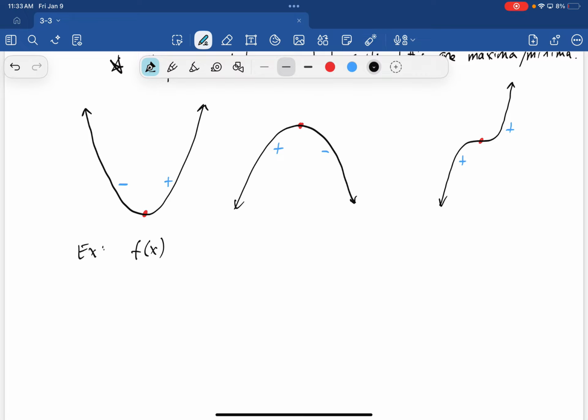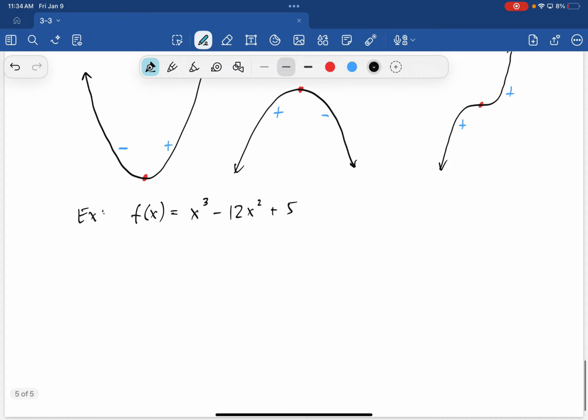So let's say we had f of x equals x cubed minus 12x squared plus 5, maybe? The question is asking us to find the critical numbers, then find the open intervals on which it's increasing or decreasing, and then use those intervals to determine whether the critical numbers are maximums or minimums. All right, so we'll do that.